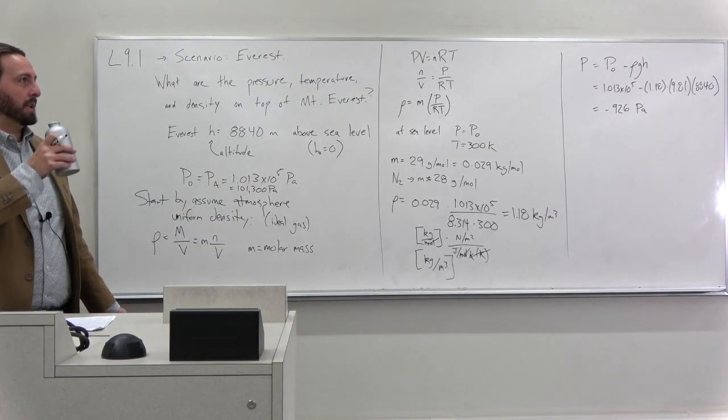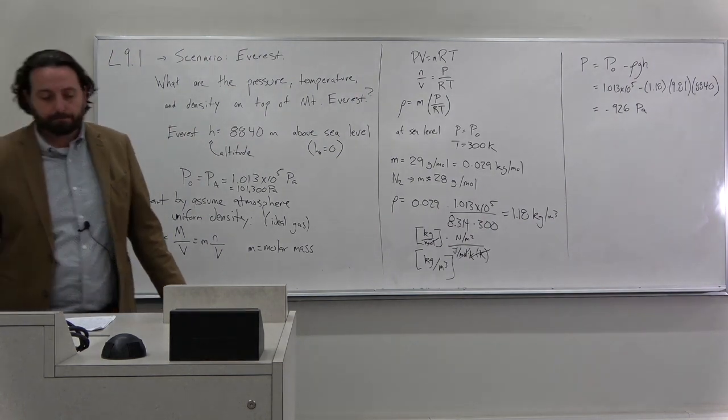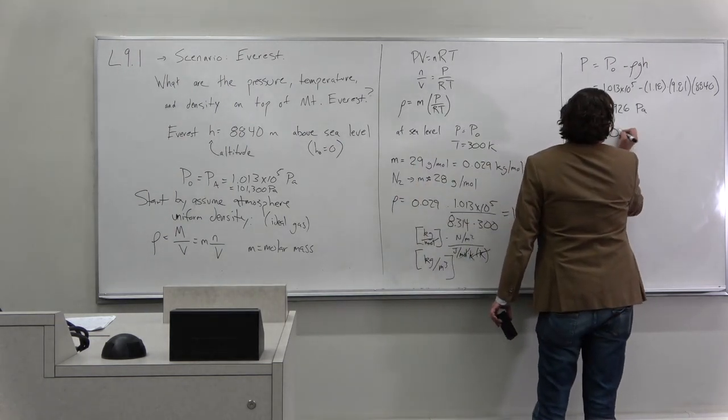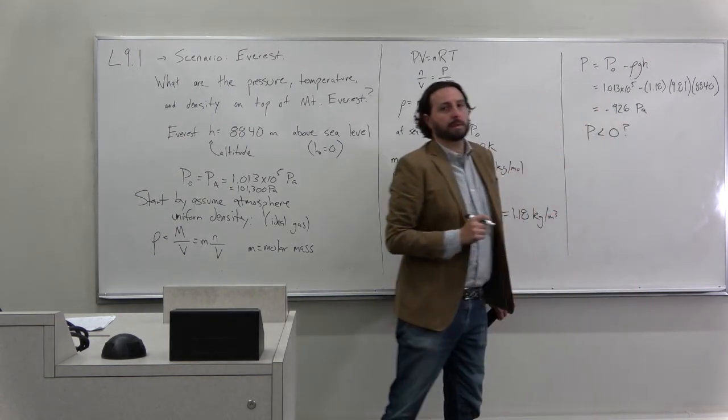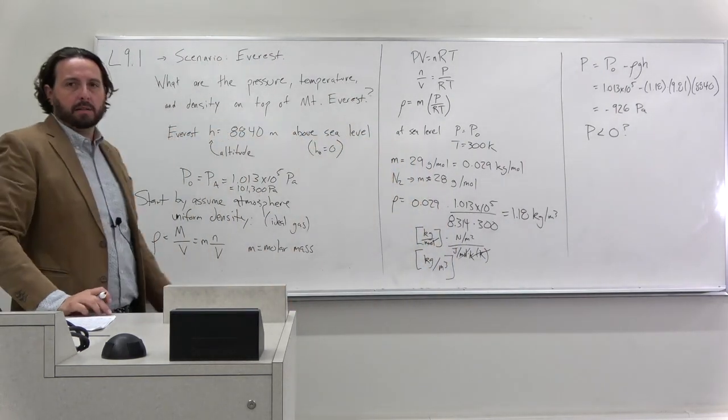Two things: what the heck are we talking about with a minus? What does it mean to have a pressure less than 0? When we talked about scales of pressure, did we have any less than 0? No, we did not.